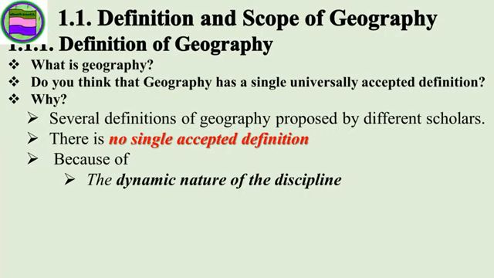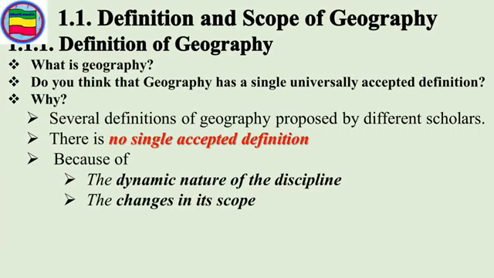The second reason is the changes in its scope, meaning the scope of geography is dynamic and varies from time to time. For example, in the 16th century, geography emphasized location, focusing on the questions of what, where, and why, and what features exist in a certain area. In the mid 18th century, geography focused on the relationship between humans and the natural environment.